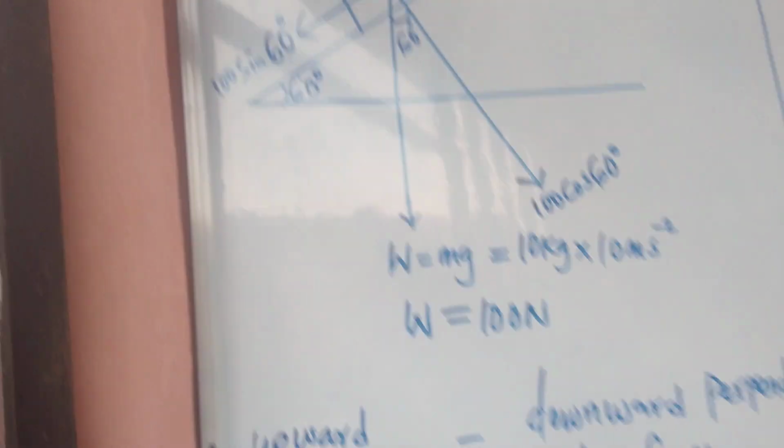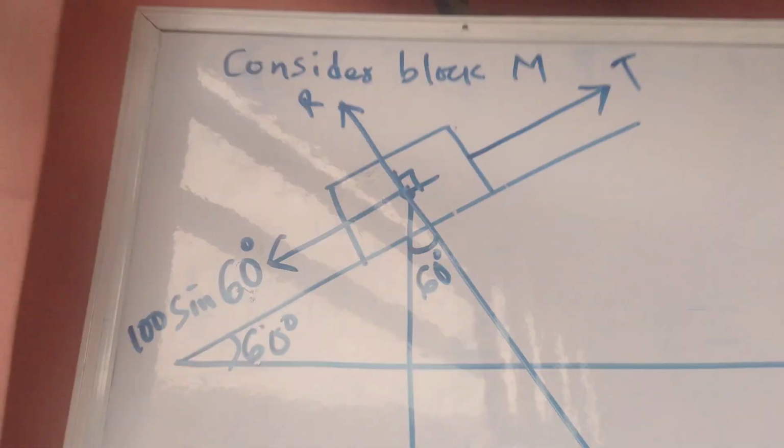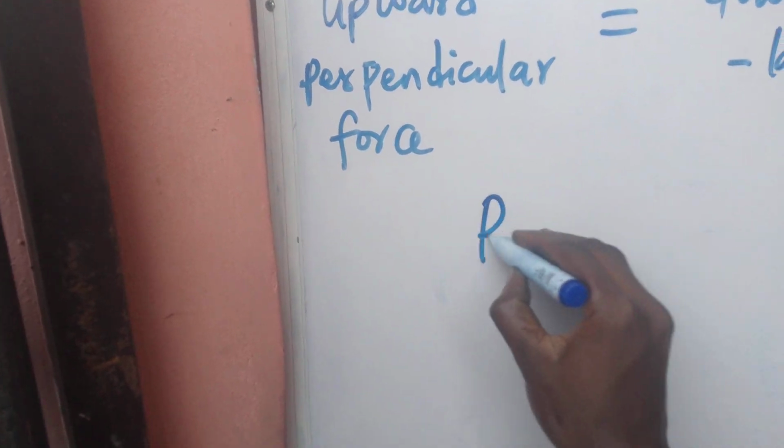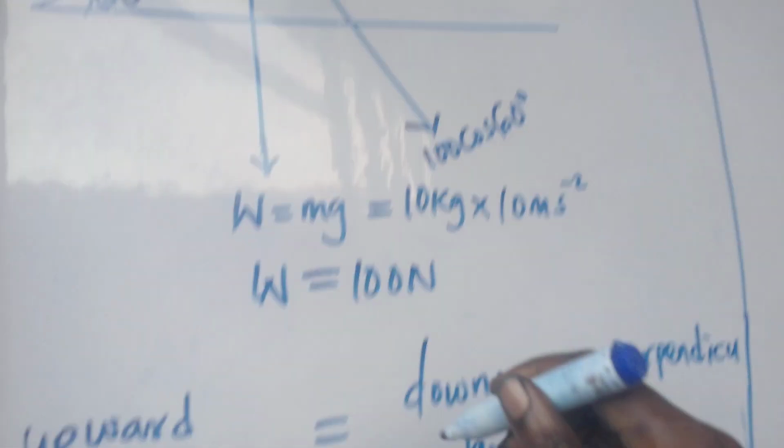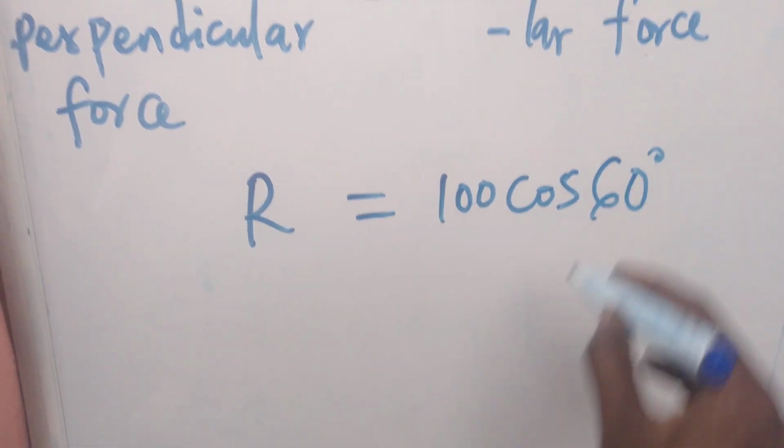The upward perpendicular force is the normal reaction, and the downward perpendicular force is 100 cos 60. So my normal reaction is equal to the downward one, 100 cos 60 degrees.